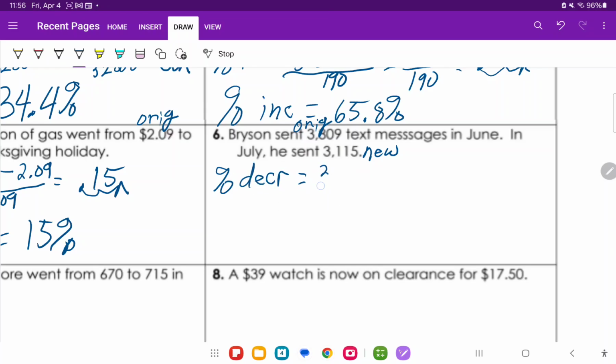All right, so you always take the big one minus the small one. And then the original number always goes on the bottom. Okay, so we're going to go 3809 minus 3115.